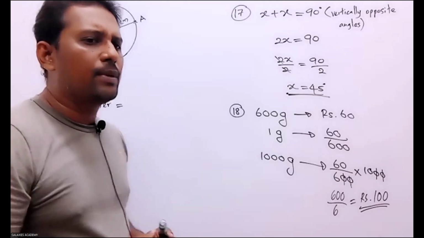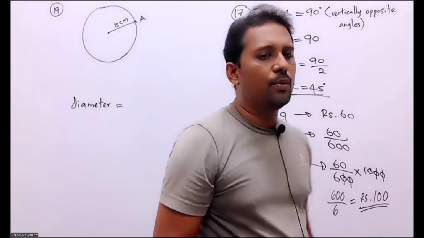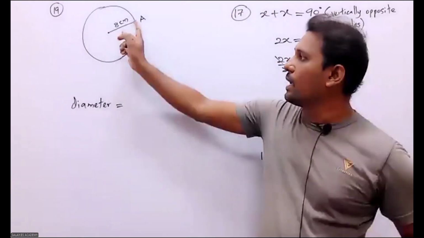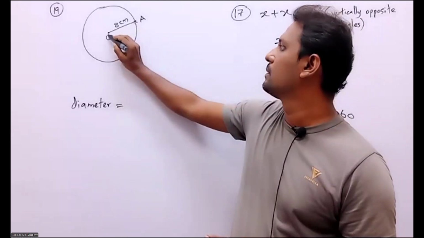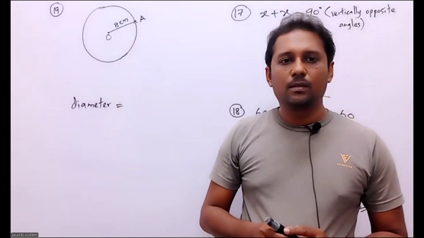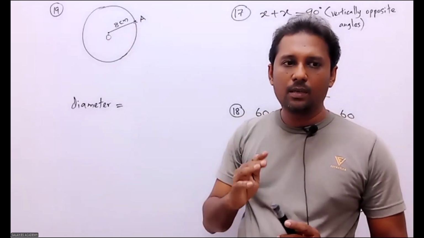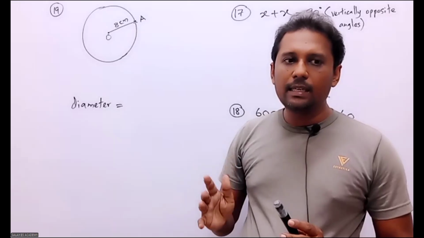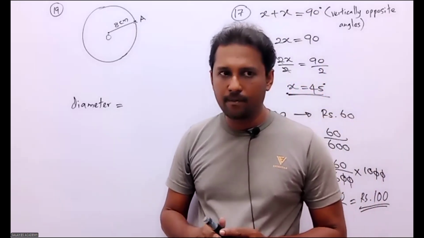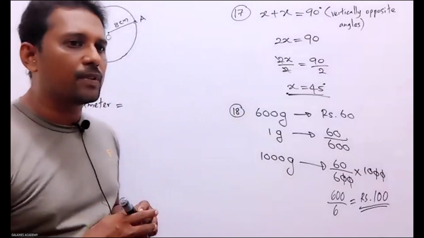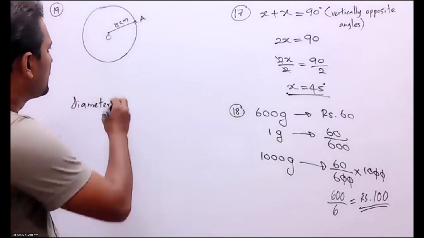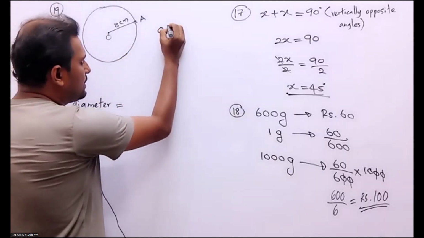Right? Can you tell me which name you can give for OA? OA length, it is the radius, right? It is the radius of the circle. OA means radius.